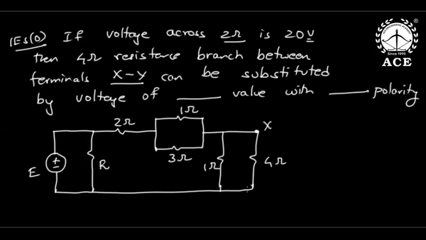This is terminal X and terminal Y. Now you do this problem, everybody. If voltage across 2 ohm resistance is 20 volts, then the 4 ohm resistance branch between XY can be substituted by a voltage of dash value with a dash polarity.